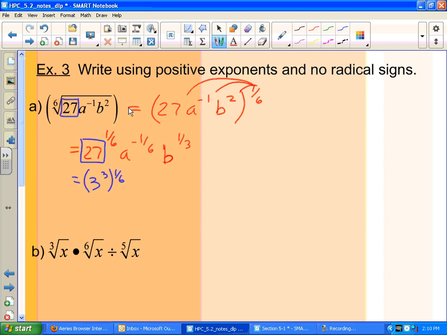So that simplifies to the square root of 3, or 3 to the 1/2 power. So once I have 3 to the 1/2, a to the negative 1/6 moves down and becomes a to the positive 1/6, and b to the 1/3 just stays up where it was. And that's as far as it goes.